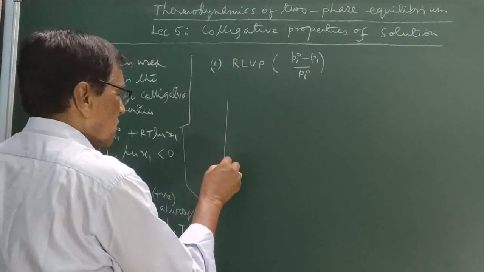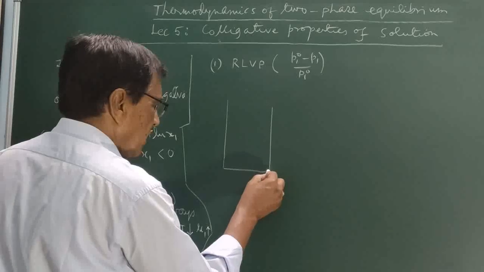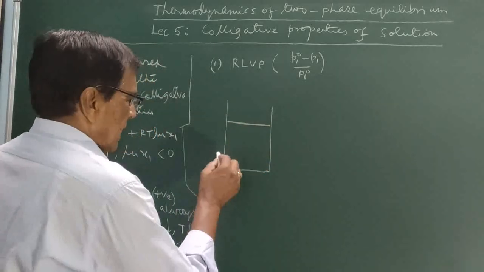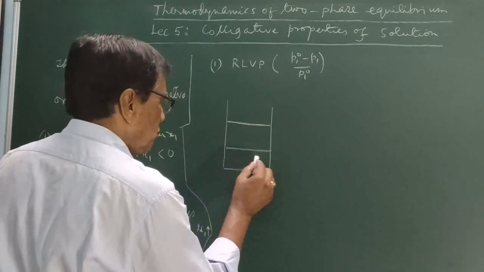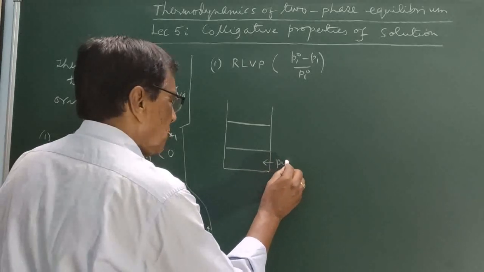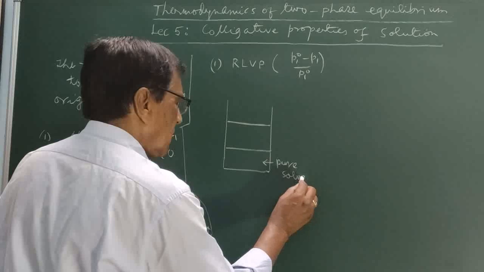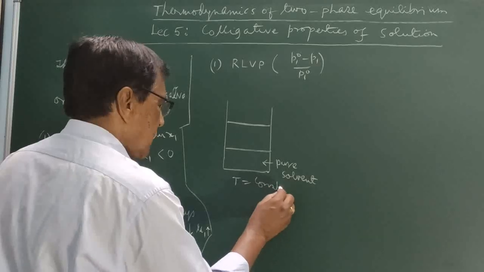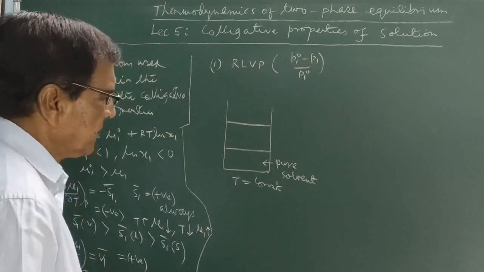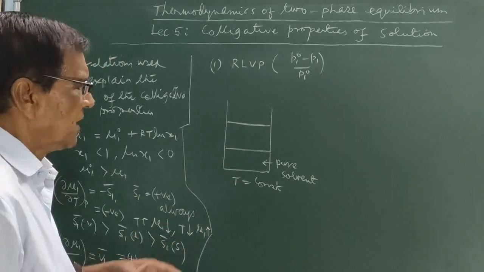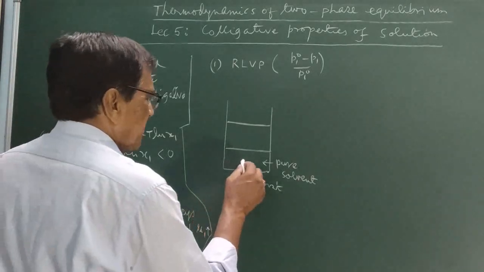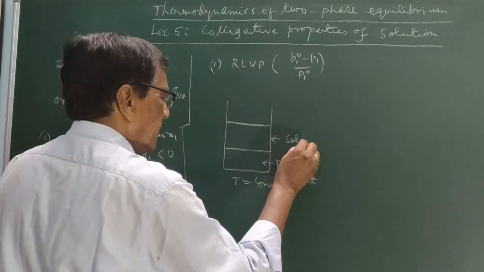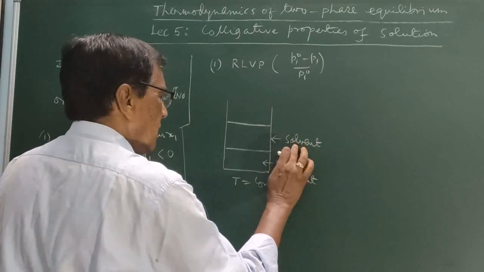For that, let us consider two closed containers, and here the pure solvent at this temperature T, which is constant, and constant T can be kept by keeping it in a thermostat, and here the solvent vapor, and this is also pure state.